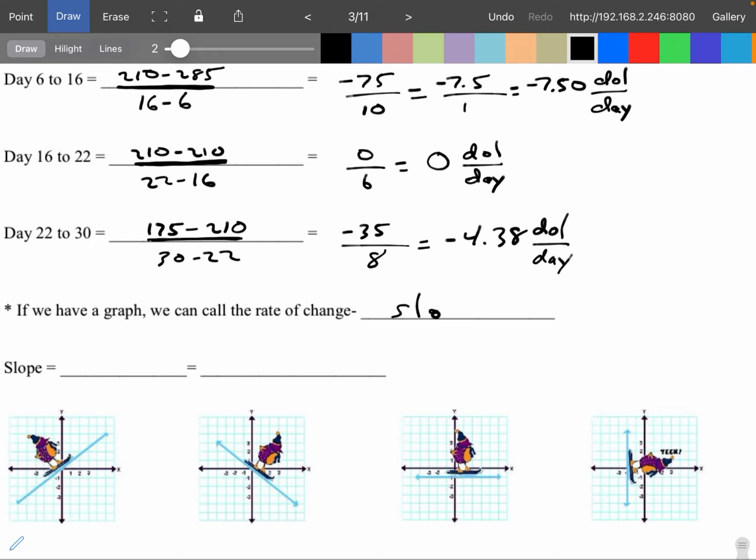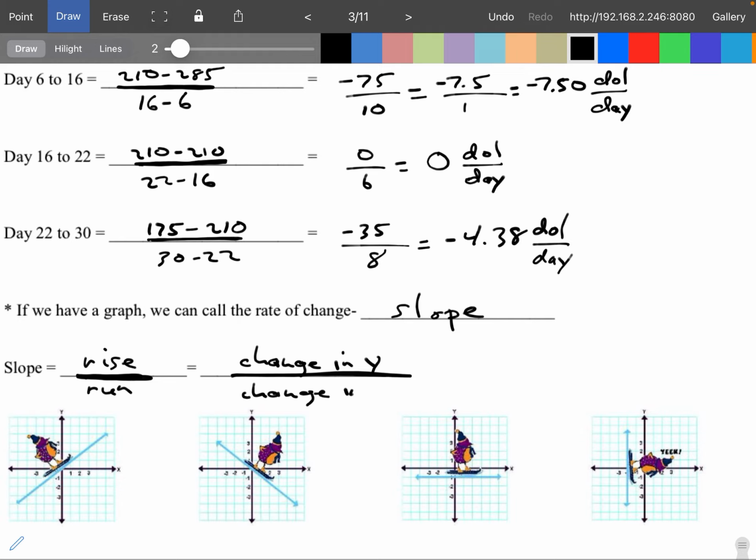All right. So then this next thing says, if we have a graph, then we call the rate of change, well, it's called the slope. So just write in slope on that blank. And the slope, sometimes it's also called the rise over the run. Again, I'll use that as a fraction bar right there.